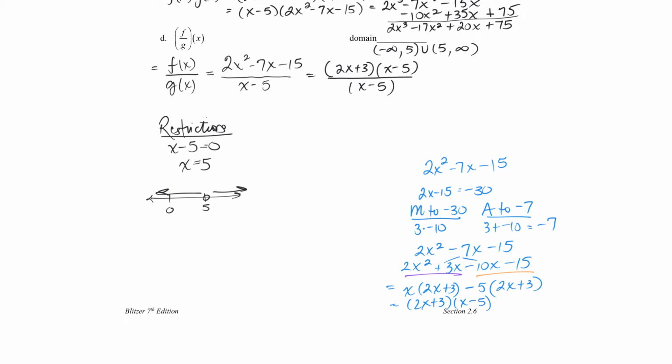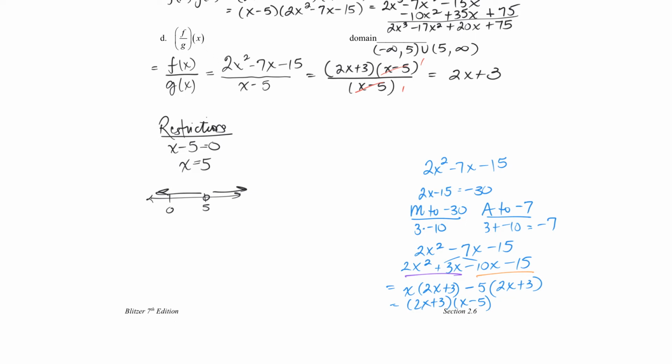And I notice that, in fact, I do have a common factor. X minus 5 is a factor in my numerator, and x minus 5 is a factor in my denominator. So those x minus 5s are going to divide out, leaving me with 2x plus 3.